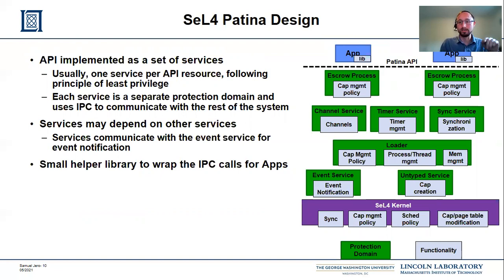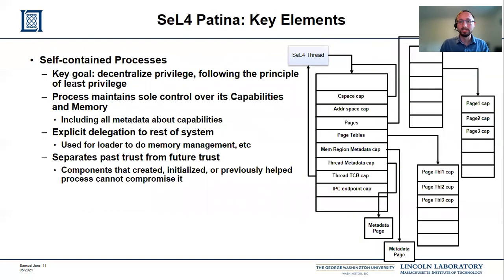Okay, we want to take a closer dive at just one aspect of this implementation, and that's this idea of self-contained processes. And really the goal here is to decentralize privilege in the system by avoiding having any single component in the system that has access to all capabilities for all processes.